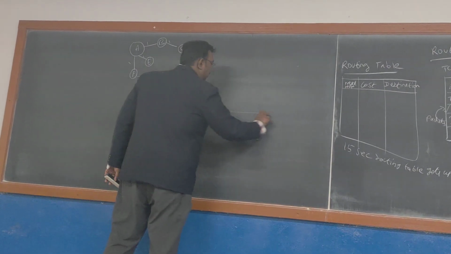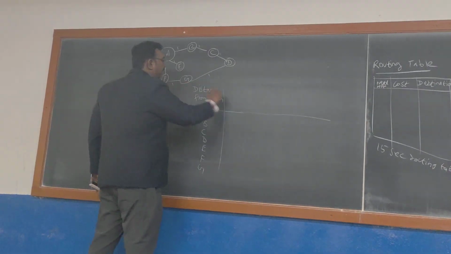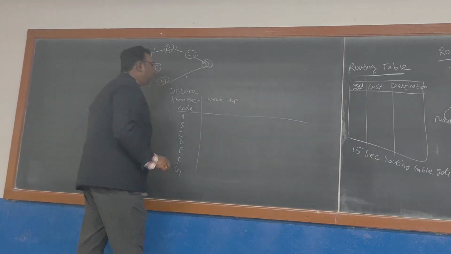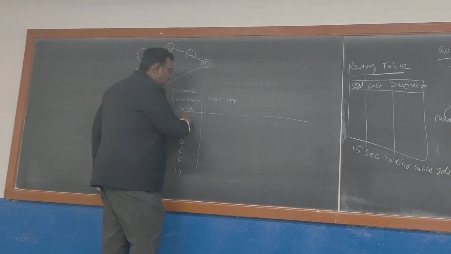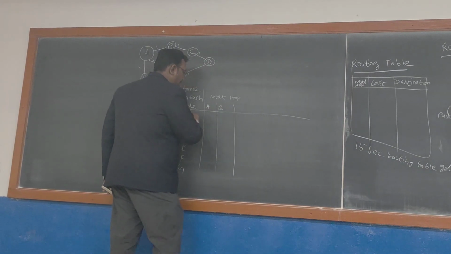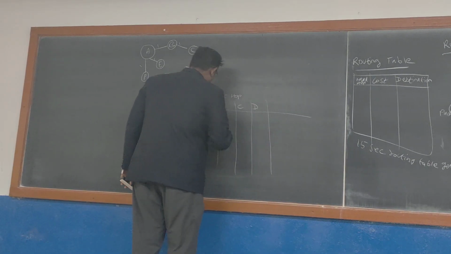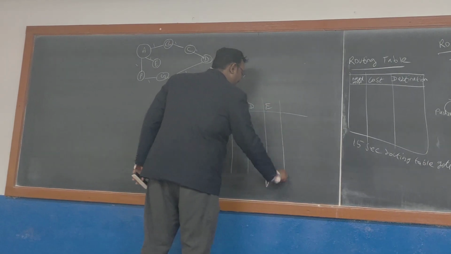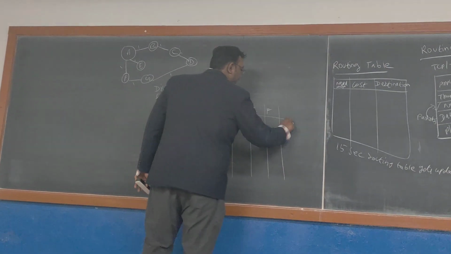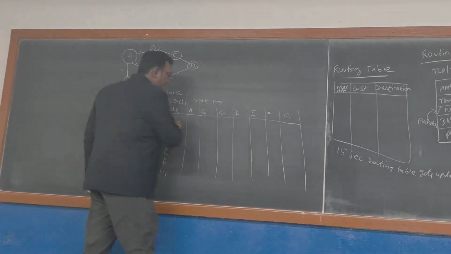Next, we are going to take the next hop from each and every node. So from A to A, A to B, A to C, A to D, A to E, then A to F, finally A to G. So you are going to take each and every node.